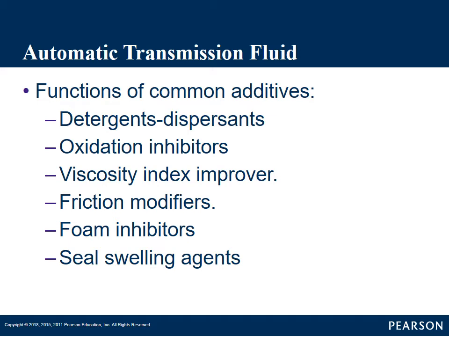We have seal swelling agents. It helps the seals swell and expand to accommodate for wear that happens in the transmissions. We'll talk about the different types of seals a little bit, but we need those seals.